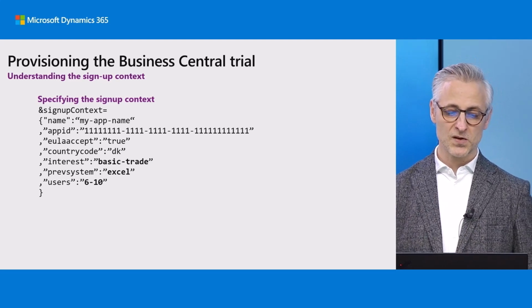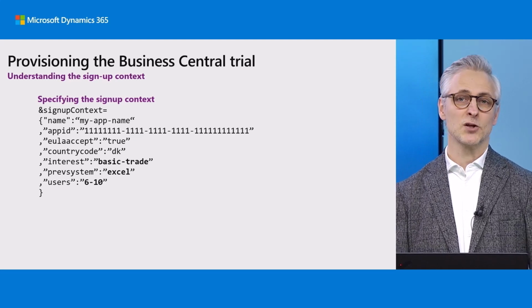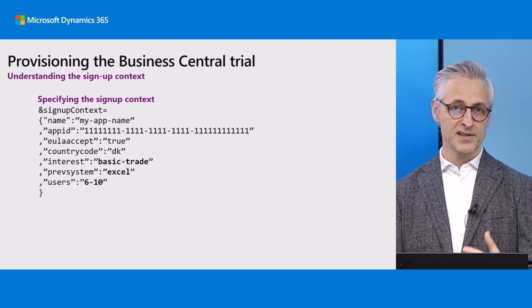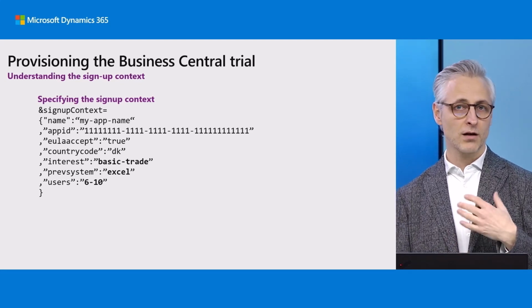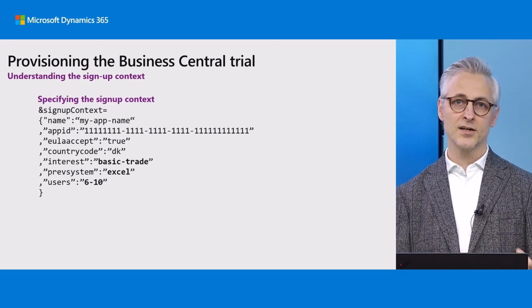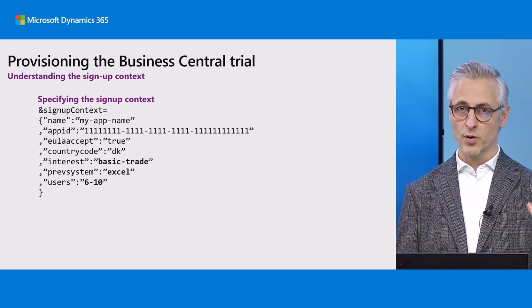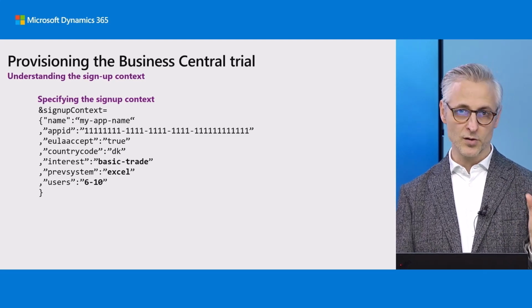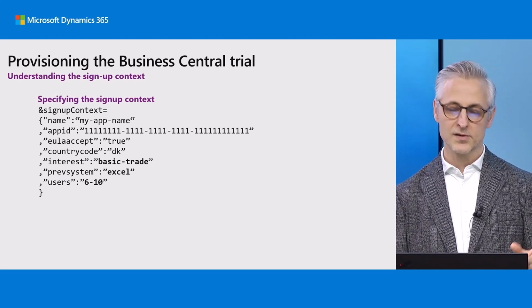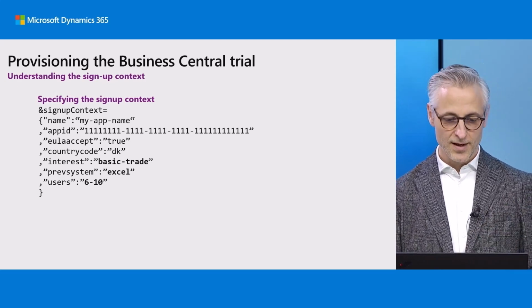You also need to specify the end-user license agreement acceptance as being true. What that means is that our APIs that load the app will not load an app to Business Central if the user hasn't accepted the end-user license agreement. That means that on your website, as part of the profiling experience, you need to provide the user with an option to see the end-user license agreement of your app. It's a small detail, but it's one of the workings of our platform APIs.